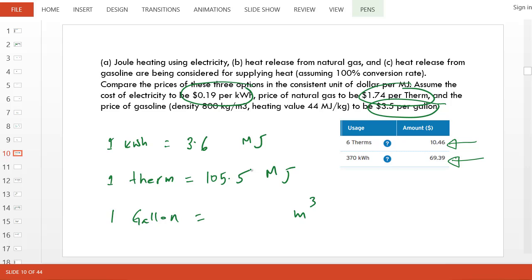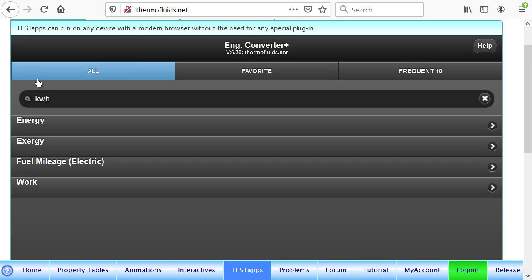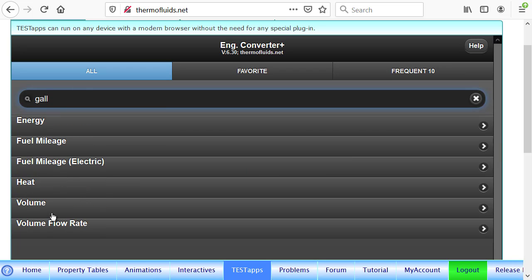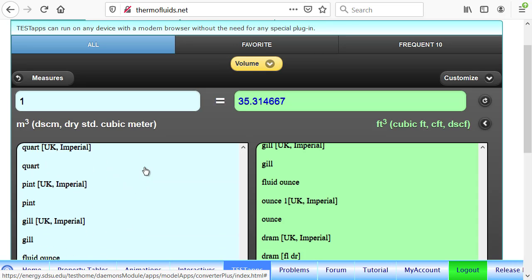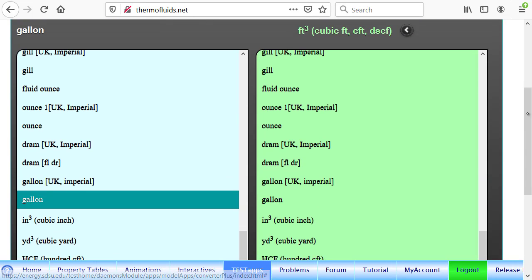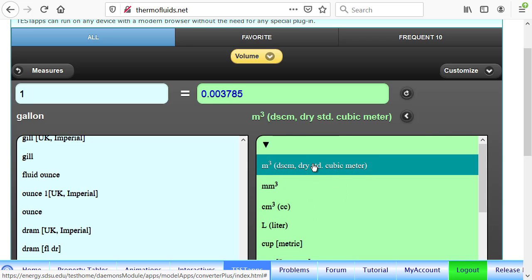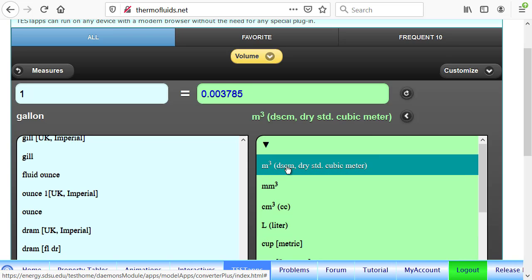And a gallon, which is about 3.78 liters, is a unit of volume. So we can always go and ask how much is a gallon. It should be under volume, towards the bottom, because it's Englishy. Gallon and cubic meter. So a gallon is 3.785 liters. In cubic meters, it's 0.0037.